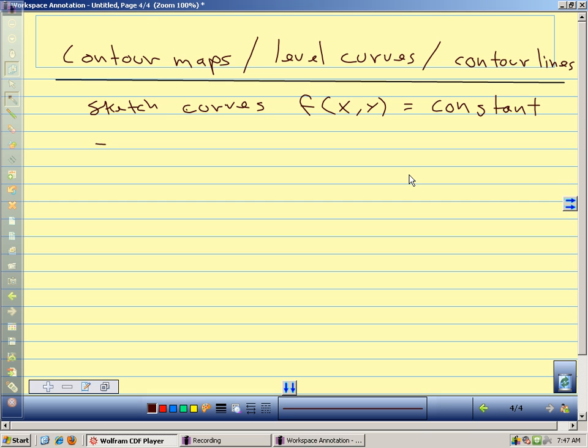With weather maps, like isobaric maps, you see lines of constant pressure, so you can figure out where high pressure and low pressure are. In physics, you sketch equipotential lines for an electric field. That's a contour map or a level curve, the same idea.